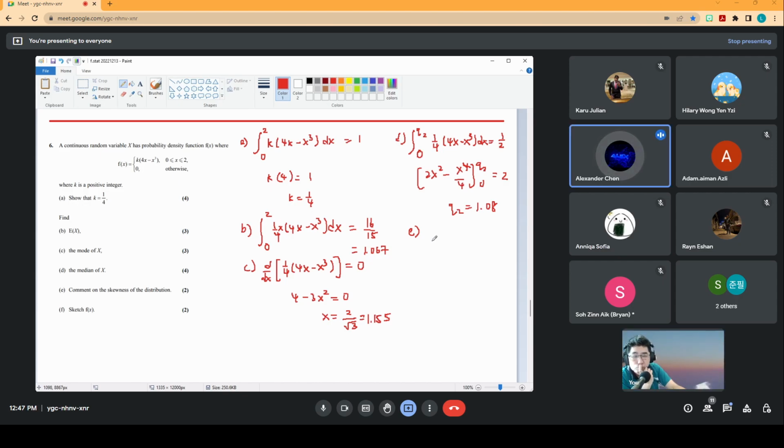Do we say there's no skewness? Why? Because the mean, the median, and the mode are almost all the same. It's the same because the range itself, 0 to 2, is very small. Yeah, but we have to look into the decimals. Oh, okay then. I see.